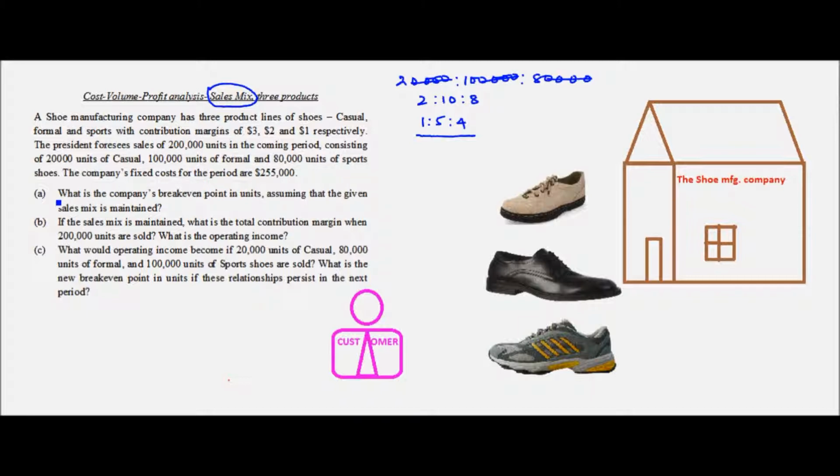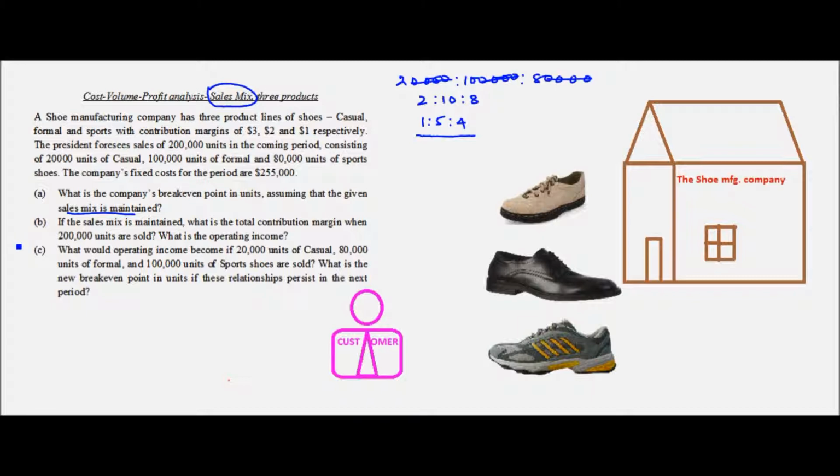Now with this information, what we are being asked to do is A, what is the company's break-even point in units, assuming that the given sales mix is maintained. So when you say sales mix is maintained, that means the sales ratio is going to be 1:5:4 for the three product lines. B, if the sales mix is maintained, what is the total contribution margin when 200,000 units are sold?